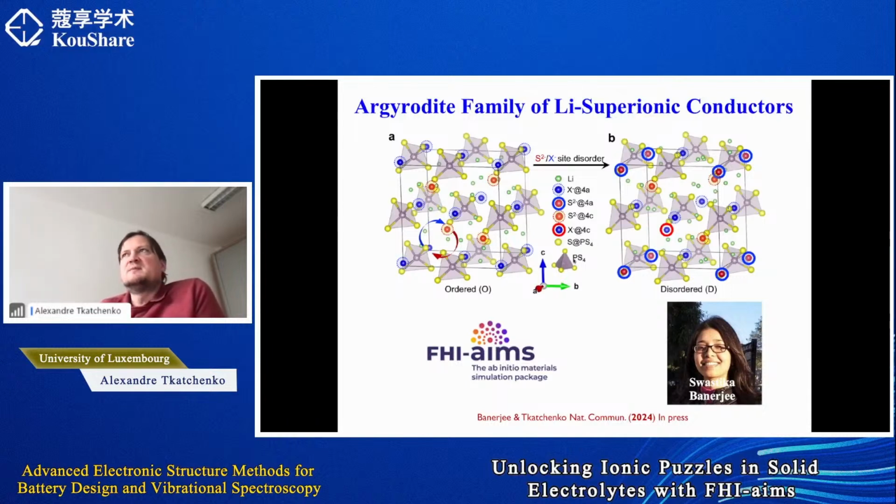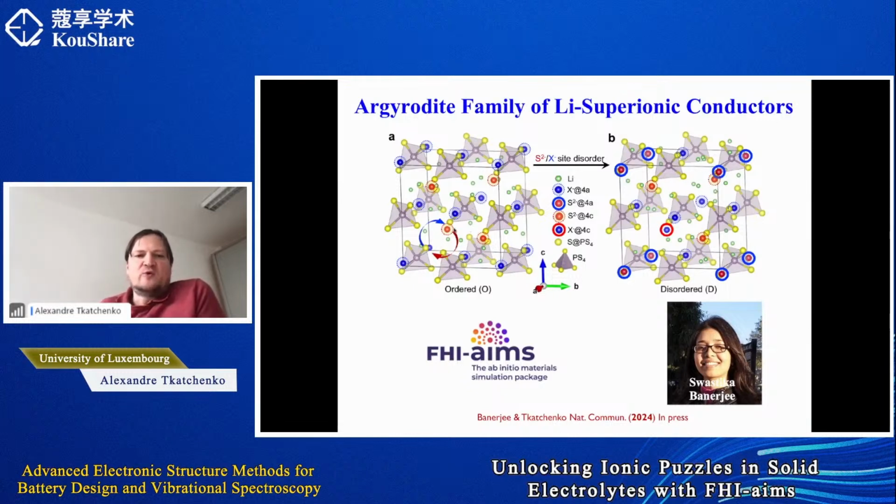And so, as you can imagine, this combination of 4 elements can give rise to a large chemical space and a wide set of properties of these materials in terms of both the stability and the mobility of lithium ions through them.